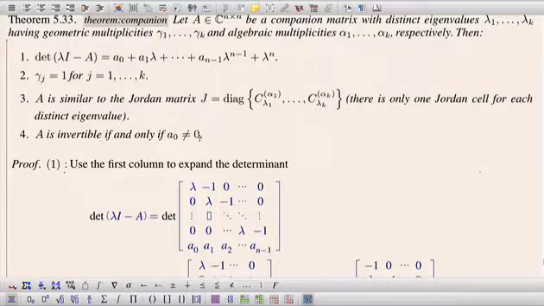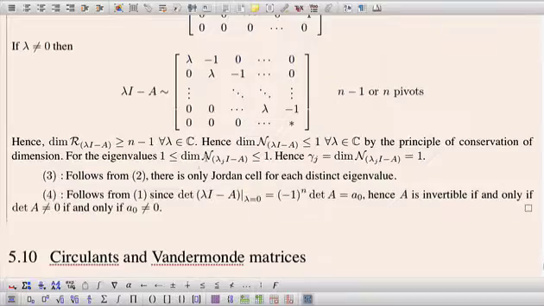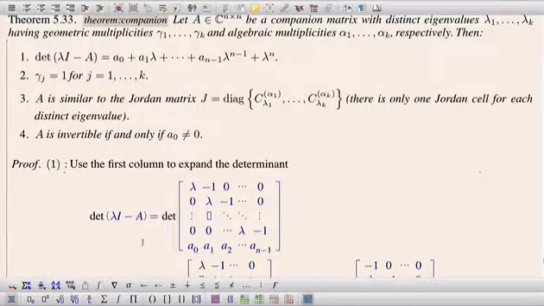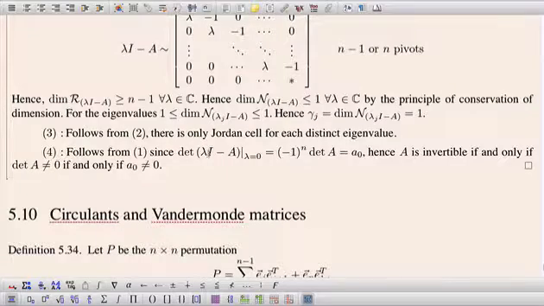A is invertible if and only if a0 is not 0. So it follows from 1, because in 1 we obtained the formula for the determinant of lambda I minus A. So when lambda equals 0, this becomes the determinant of minus A, which is minus 1 to the n times the determinant of A, since we have this multiplication property of the determinants, and this is exactly a0 according to part 1.